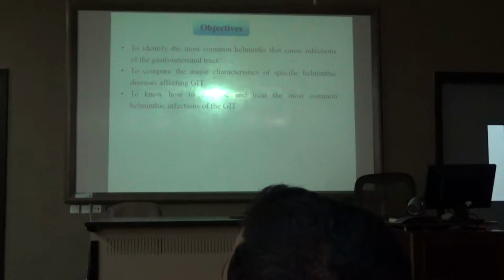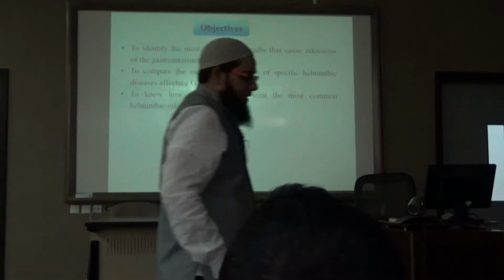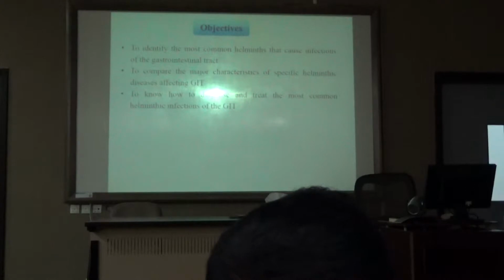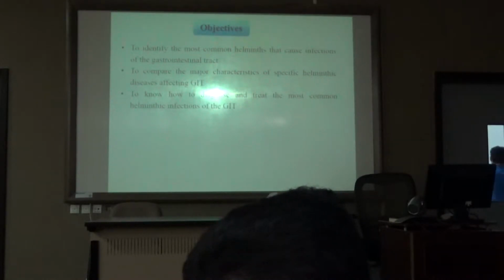And we will discuss how we diagnose them, and in some cases we will discuss about treatment also. Treatment is actually the easiest part for most of the helminthic infections. Diagnosis is the most difficult part.